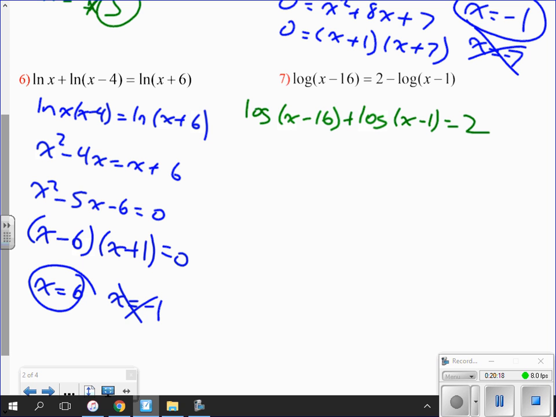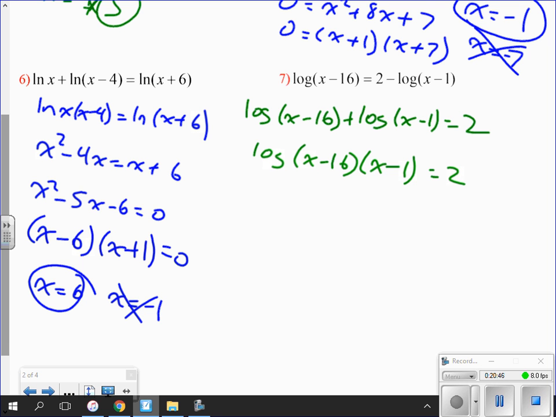If you have logarithms and non-logarithms, get all your logarithms on one side first, and all the non-logarithms on the other side. You can't loop it yet till I have a single logarithm, yes. Oh wait, never mind. So I do have to combine them into one logarithm first. So I have the log of x minus 16 times x minus 1 is equal to 2.